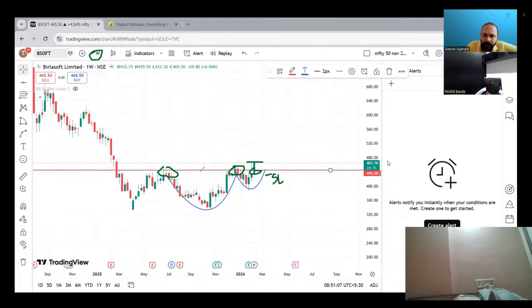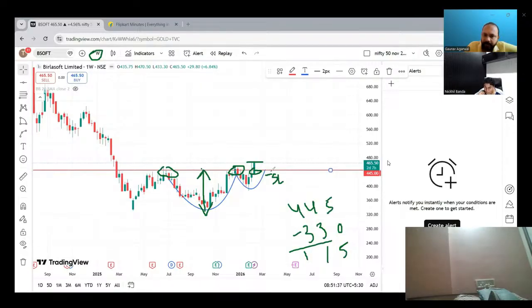And how to calculate the targets? Targets also you can calculate using this pattern. You can mark the high and low of this cup and subtract, and based on that you get the target. Like 445 is the high and 330 is the low, so 445 minus 330, approximately 115 points.